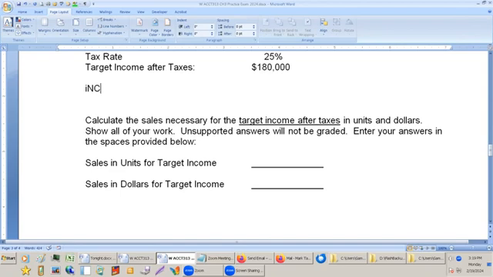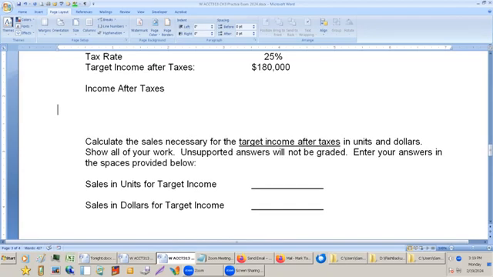Income after taxes divided by 100% minus the tax rate equals our income before taxes.